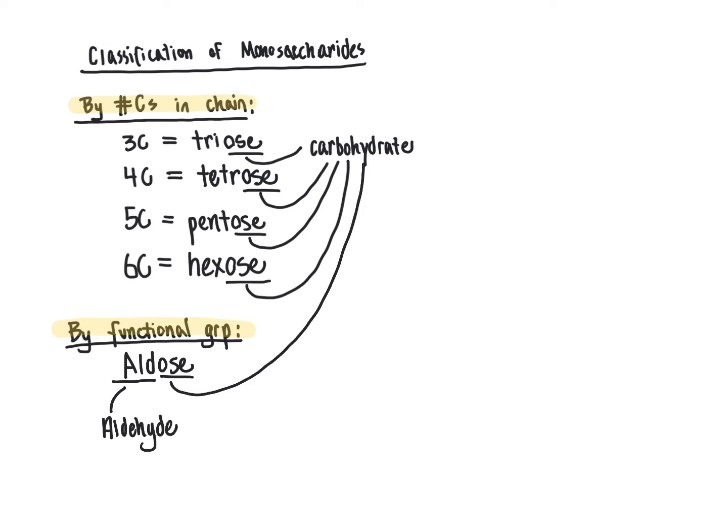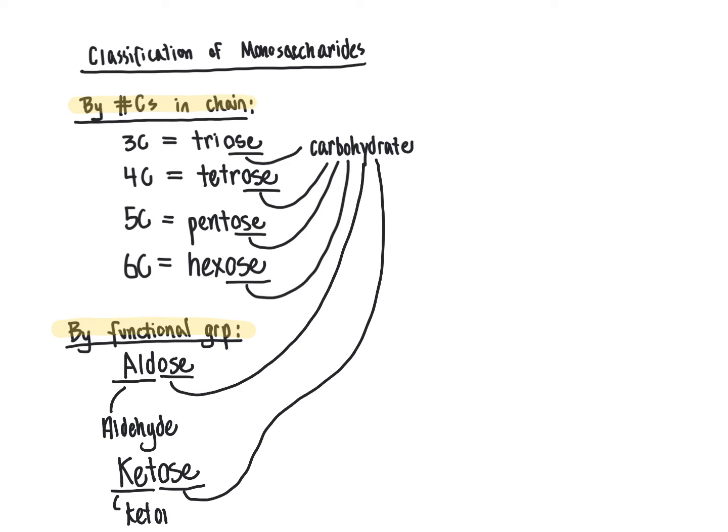If we classify a monosaccharide as an aldose, that's just referring to a monosaccharide that has an aldehyde unit. In contrast, a ketose is referring to a carbohydrate that has a ketone unit present within that monosaccharide structure.